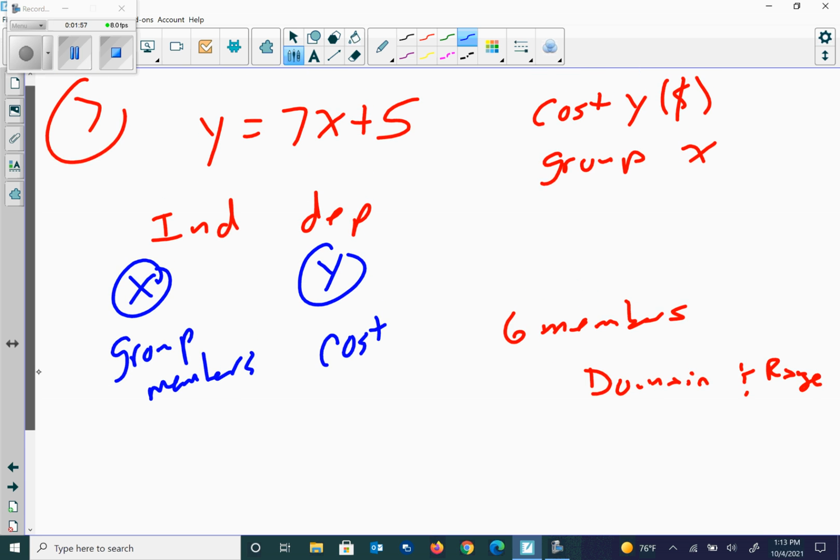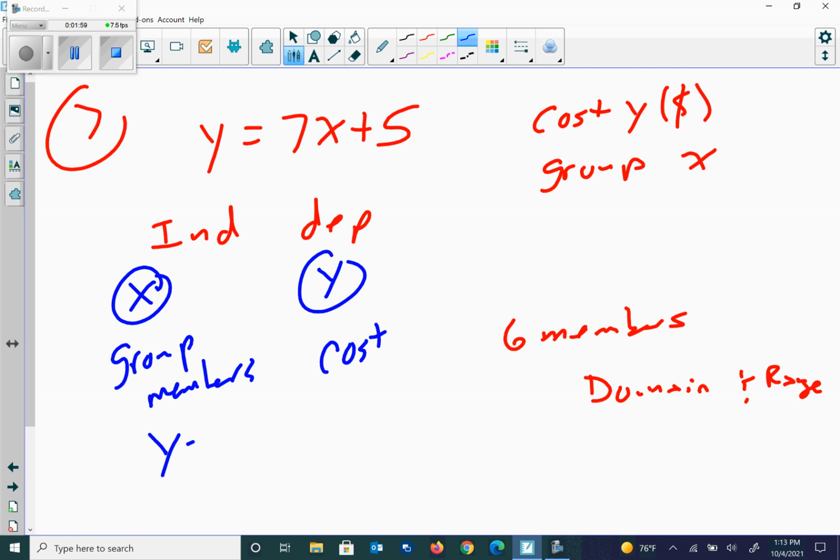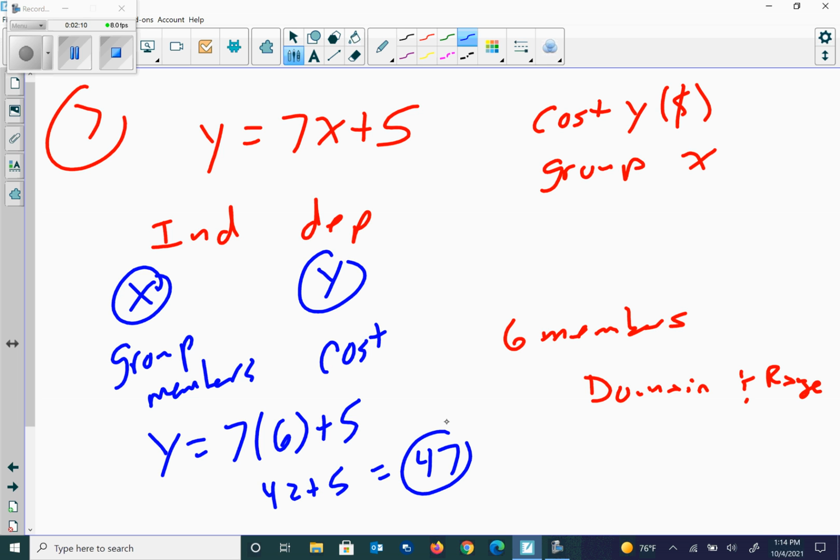Okay, so if we have enough money for 6 members to join, so that's going to give me 42 plus 5, which is going to give me 47. Okay, so my domain, I can plug anywhere from 0 to 6 in, because that's the total amount of people we can have.